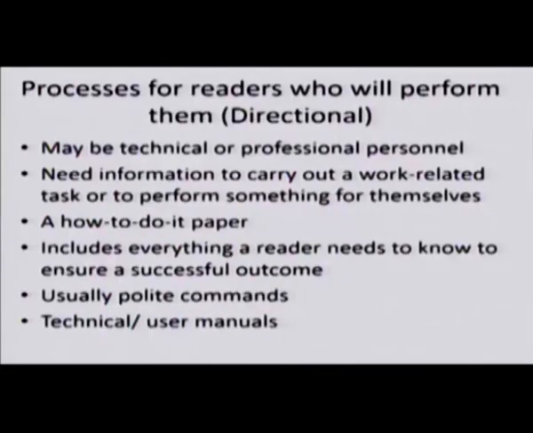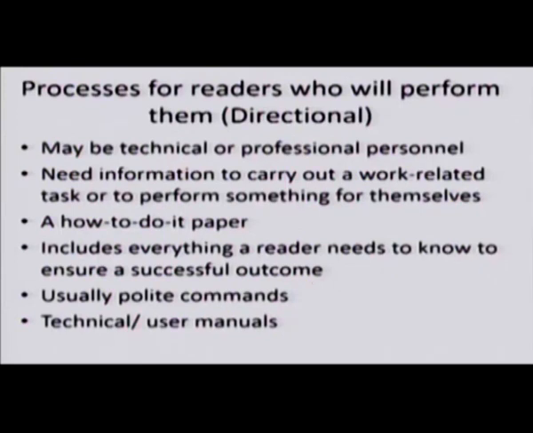Sometimes it is for ordinary people, say how to set up a new smartphone. So, here you need to provide information to carry out a work related task or perform something for themselves. This is also called a how to do it paper. A very important thing here is it includes everything a reader needs to know to ensure a successful outcome.